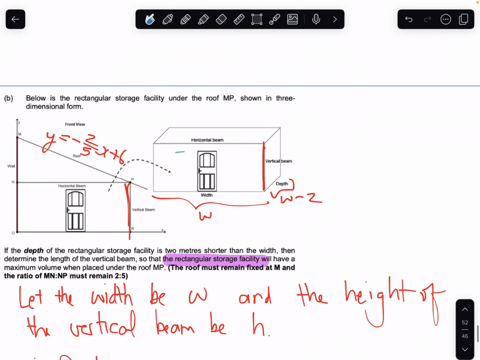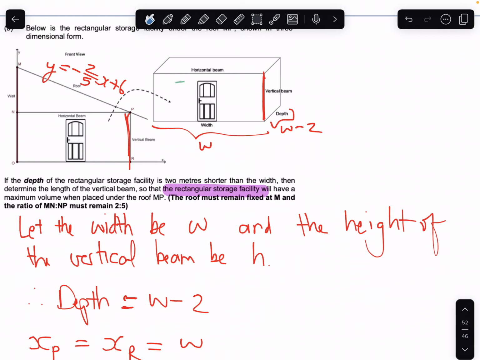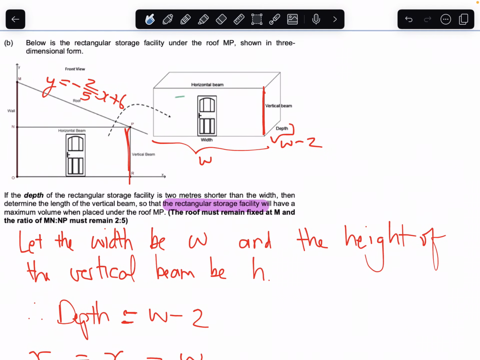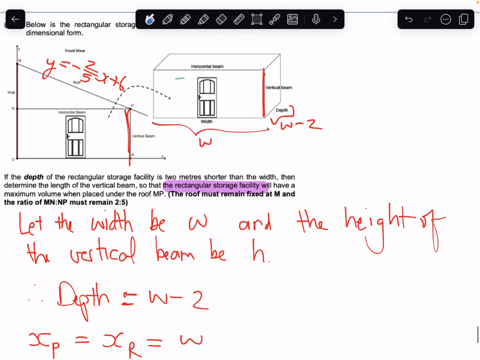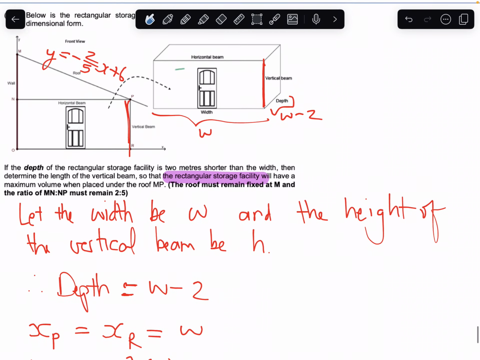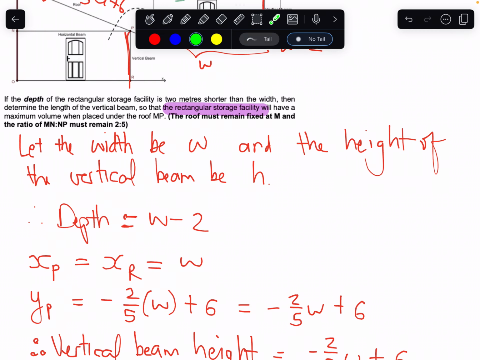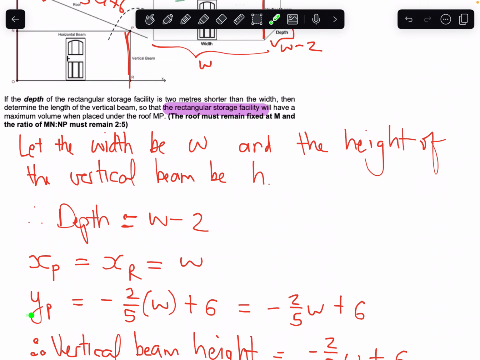We already know that we got the equation of the roof right. We know that the depth is going to be 2 meters shorter than the width, so that is w minus 2. Then we said the x-coordinate of p is going to be the same as the x-coordinate of r, which is w. So then the y-coordinate will be negative 2/5 of w plus 6.